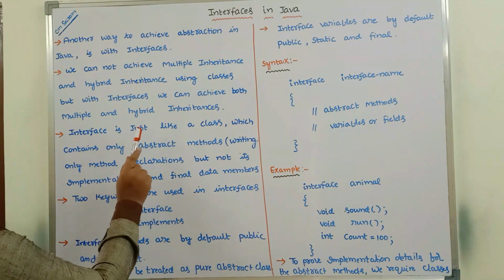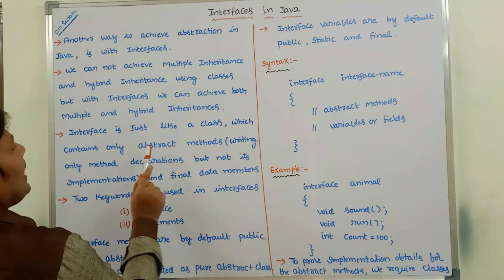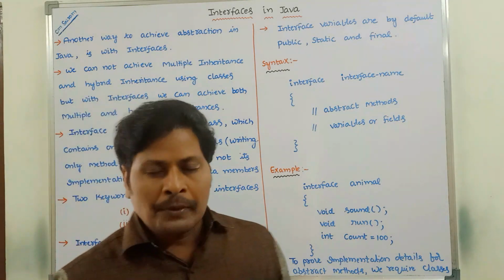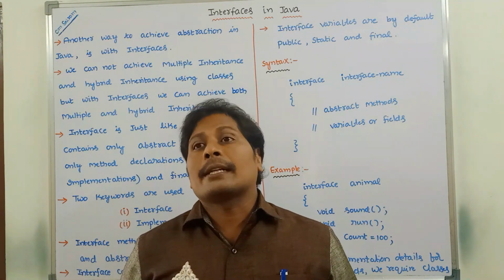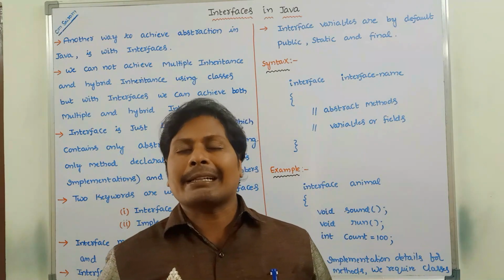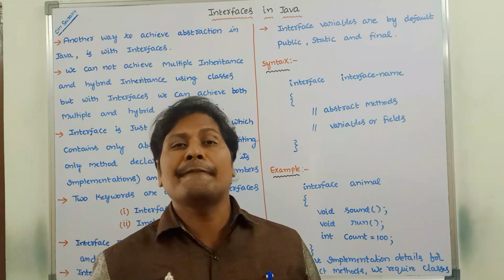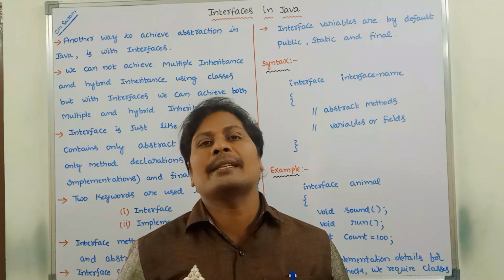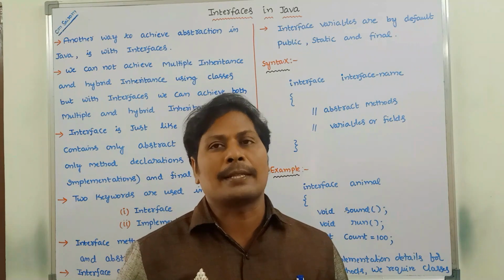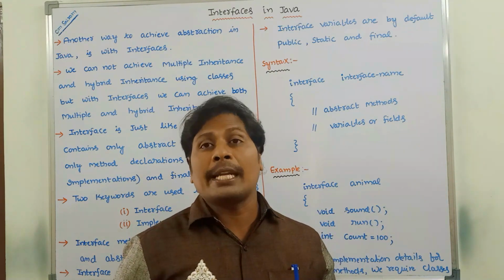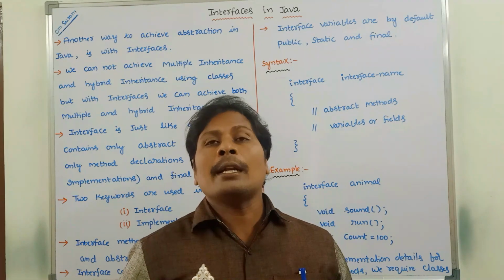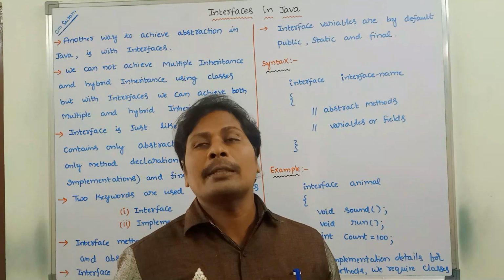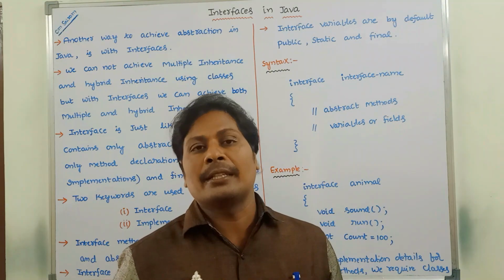Next one. An interface is just like a class which contains only abstract methods and final data members. So, an interface is similar to a class, but the difference is that an interface contains only abstract methods and final data members. We already know what an abstract method is. We declare only the method, but we do not provide any implementation.